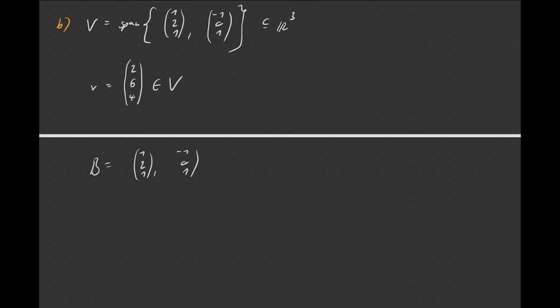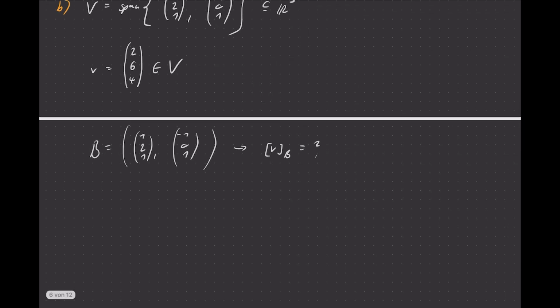The order, of course, is arbitrary. And then we want the coordinates of that vector V with respect to this basis. What is that? Well, again, we need to represent V as a linear combination of the basis vectors, so as a linear combination of (1,2,1) and (-1,0,1).